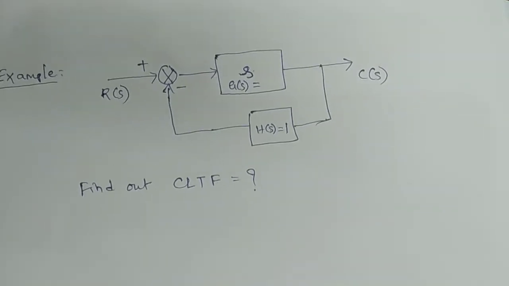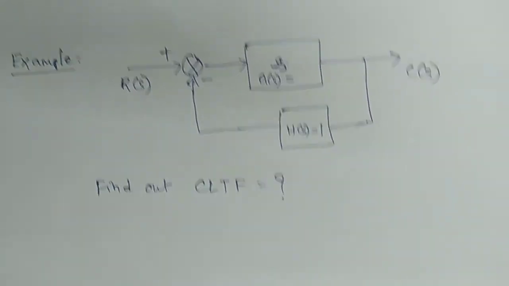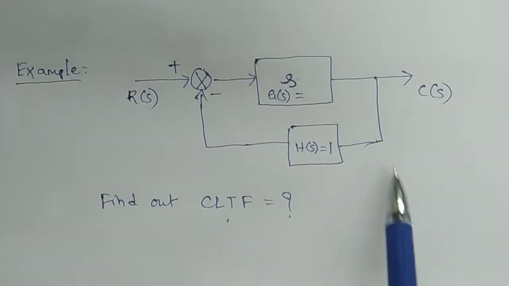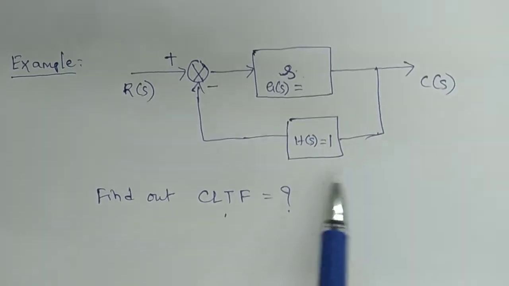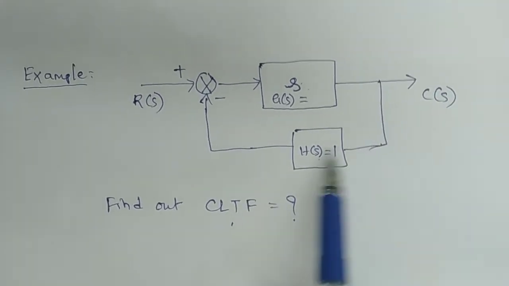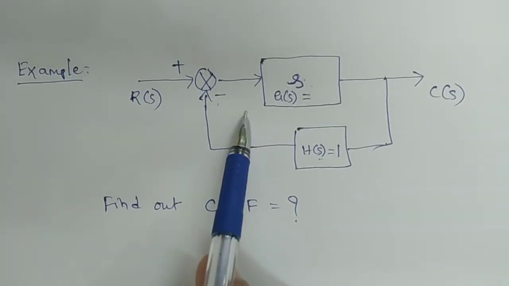This is the given block diagram representation of a closed loop control system. You are asked to find the CLTF. Here this is G of s, this is H of s, and the feedback is fed with a negative sign, so it is negative feedback.